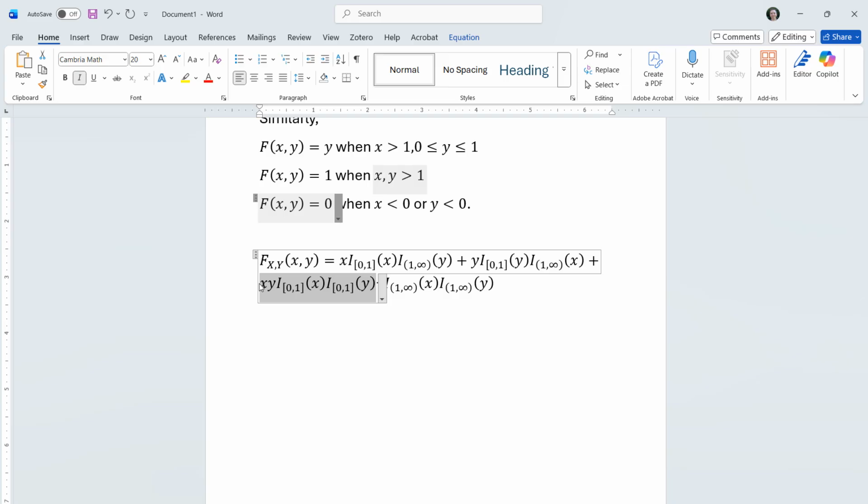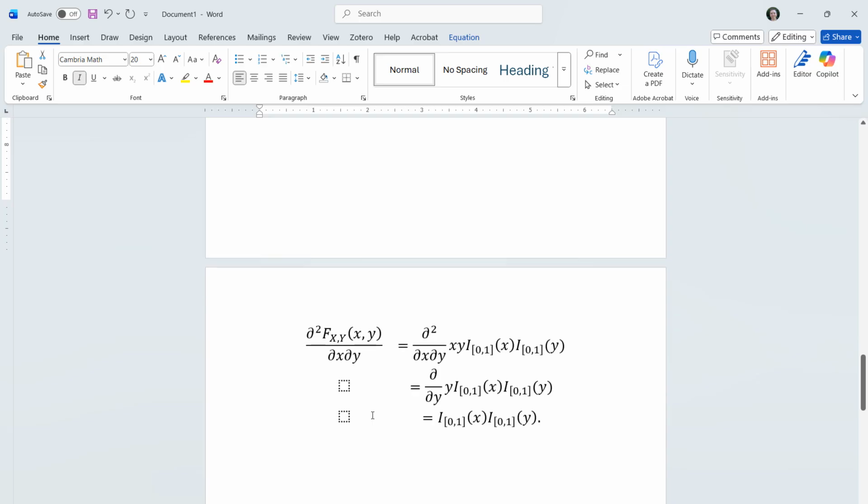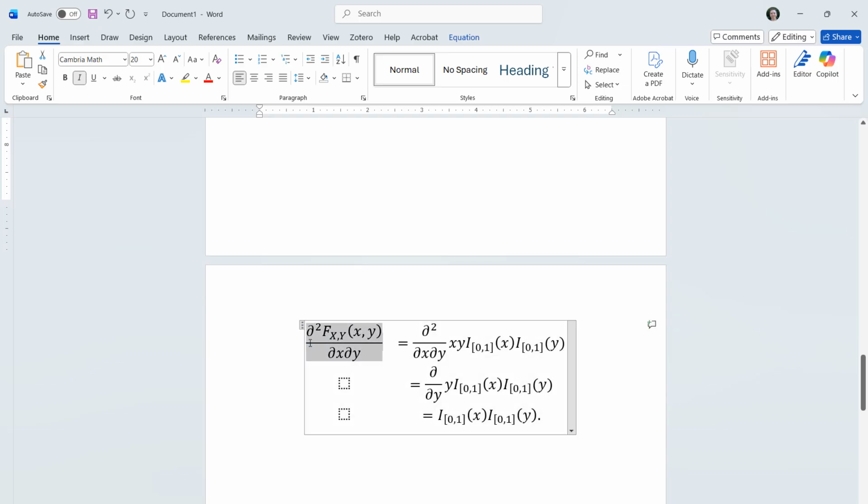That's the only one where if we take the derivative with respect to x and y, it's not going to simplify to 0. So our partial derivatives of the CDF with respect to x and y will ultimately simplify to the partial derivative of this part of the CDF, the part that I highlighted previously, with respect to x and y.